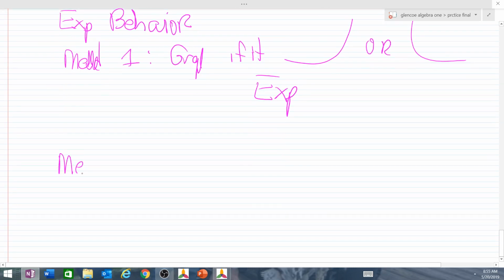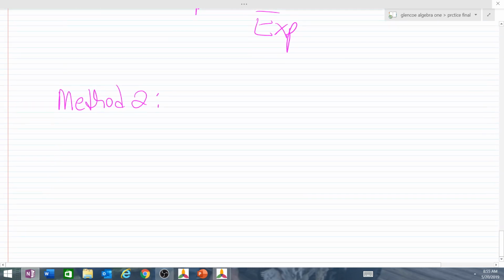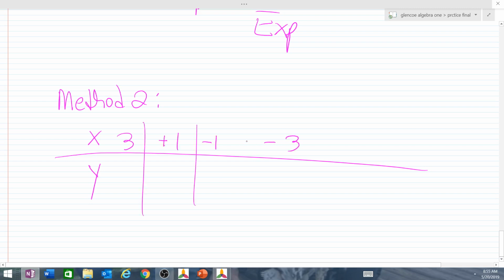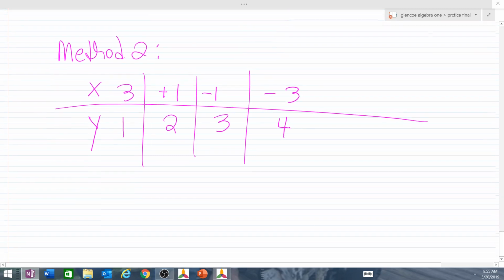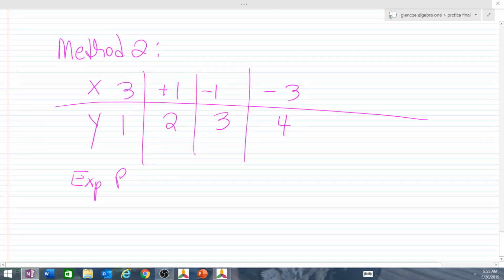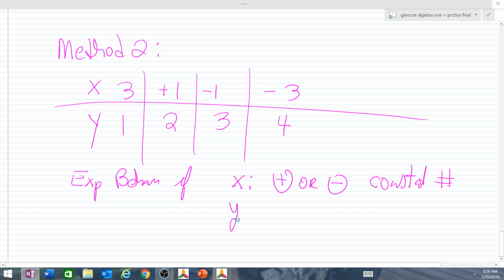Method 2 is most commonly used. Okay. Data shows exponential behavior if the x's are being added or subtracted by a constant number, and the y's are being multiplied or divided by a constant number.